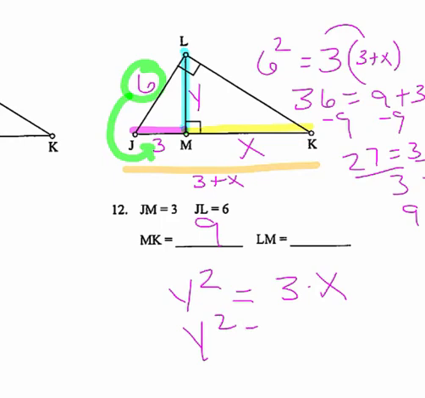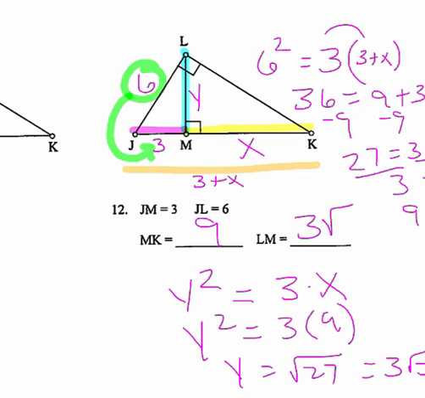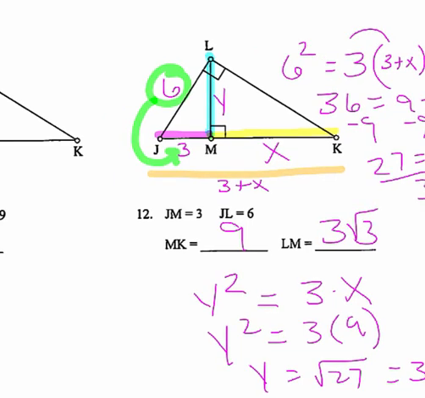But now we know that x is 9, so y squared equals 3 times 9. Y equals the square root of 27, which is equal to 3 root 3. And that's a perfect example of how we're going to use those two theorems to answer a question like number 12. So try the rest and see if you have any questions. Good luck.